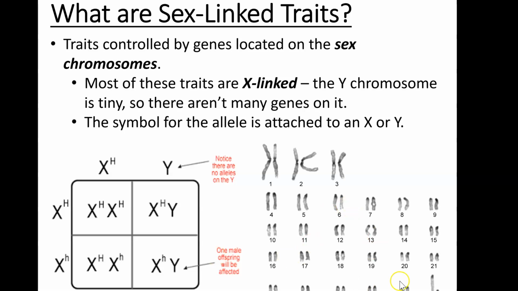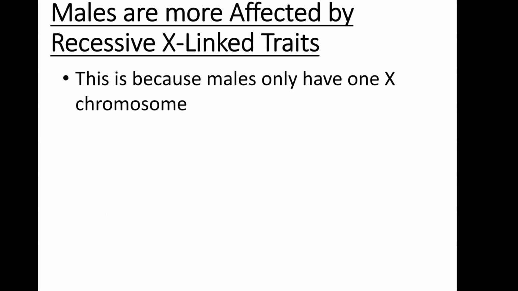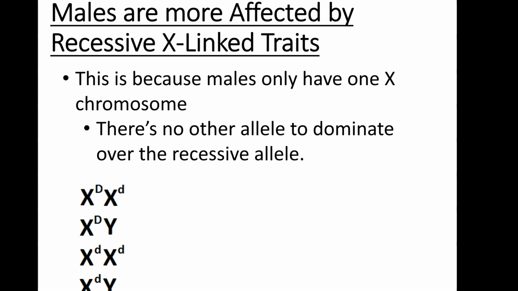So this is what this looks like over here, another karyotype. Males are more affected by recessive X-linked traits. This is because males only have one X chromosome. Again, there's no other allele to dominate over the recessive allele. So in this case, this is a female genotype, 2 X's.